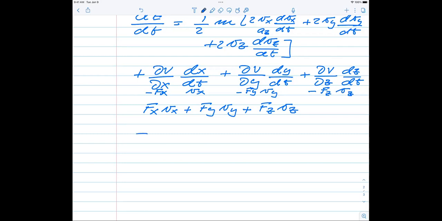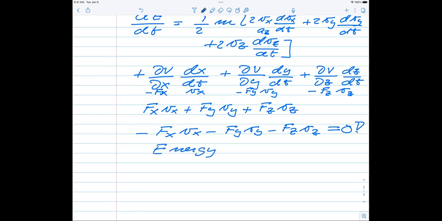So what I get now is minus f of x v of x, minus f of y v of y, minus f of z v of z. And this is equal to 0. So that means that energy is conserved if the potential has this specific property.